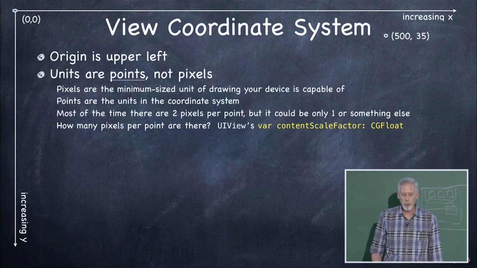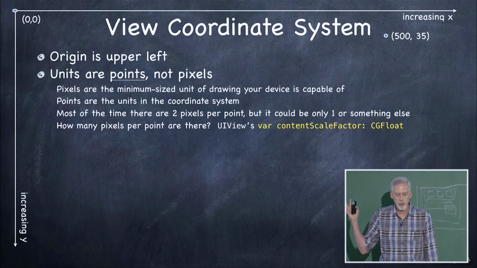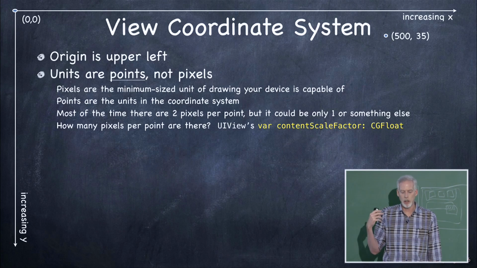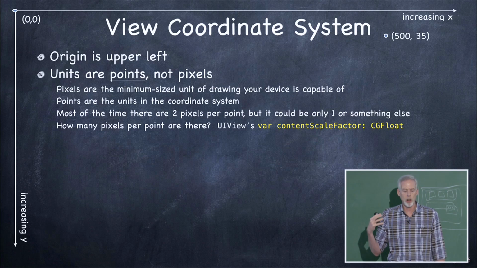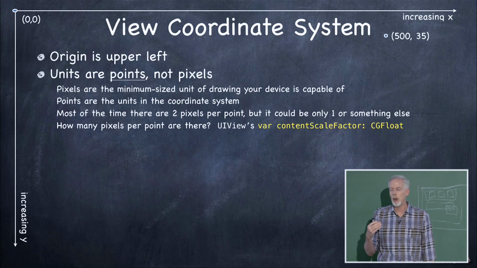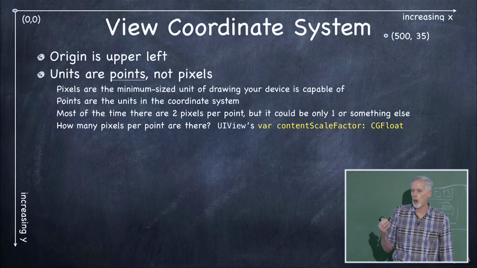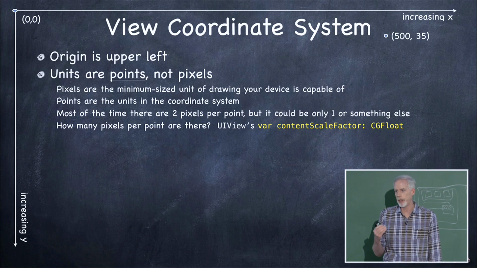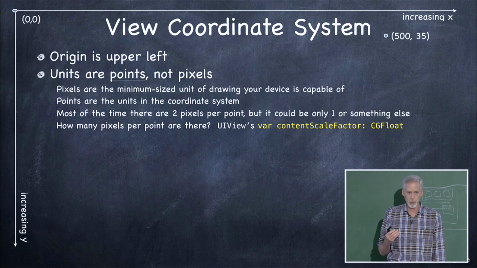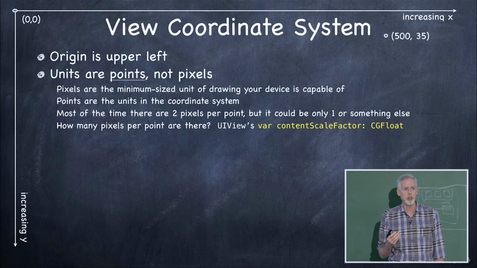Okay, the units we're talking about here in drawing are called points. Now, a point is not a pixel. Some iOS devices are extremely high resolution, like the iPhone 6 Plus, very, very high resolution. It has 3 pixels per point.